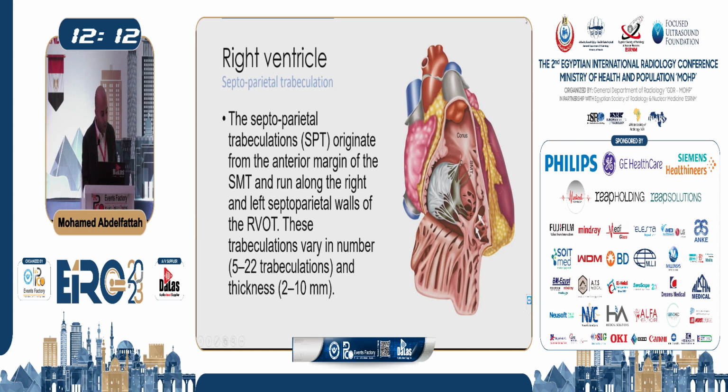The septoparietal trabeculations originate from the anterior margin of the septomarginal tract and run along the right and left septoparietal walls of the RVOT. These trabeculations vary in number and thickness.